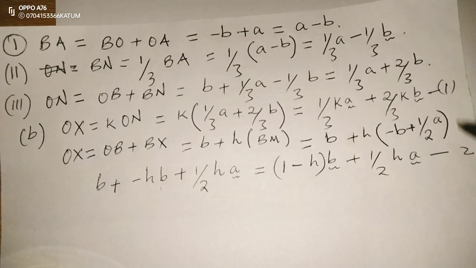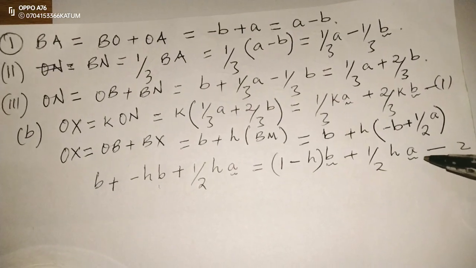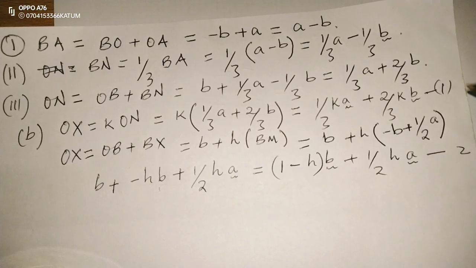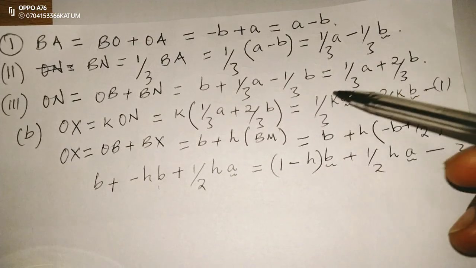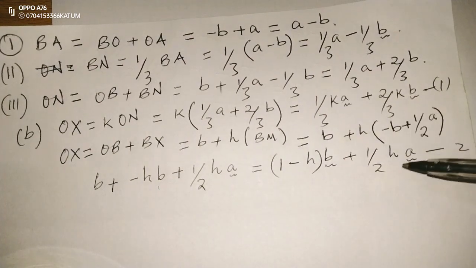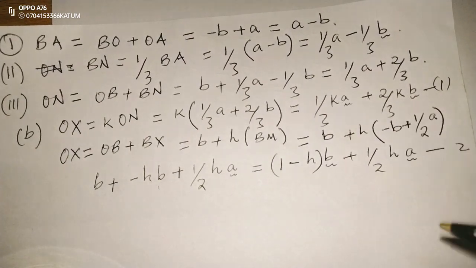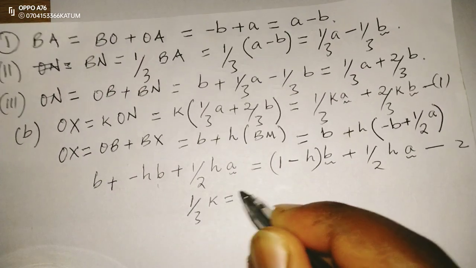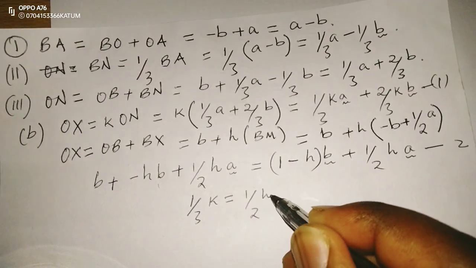So now that OX has been expressed in two ways, we can equate the coefficients of each vector. So the coefficients of A are a third K, and the coefficients of A are half H. So we equate a third K with half H.